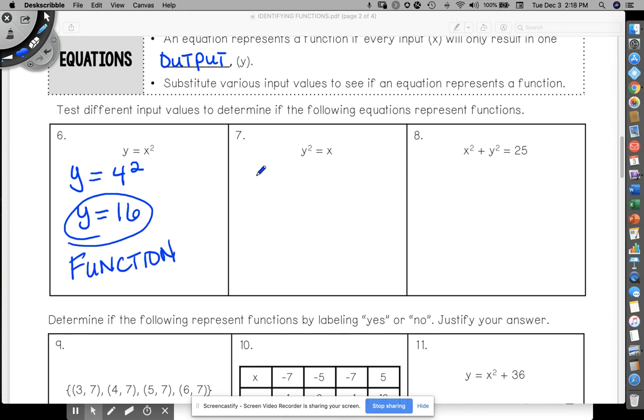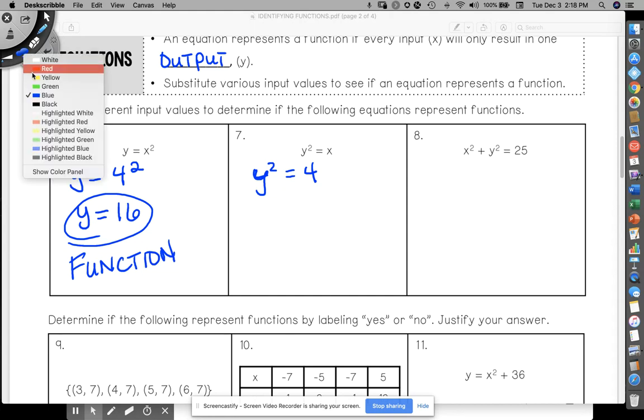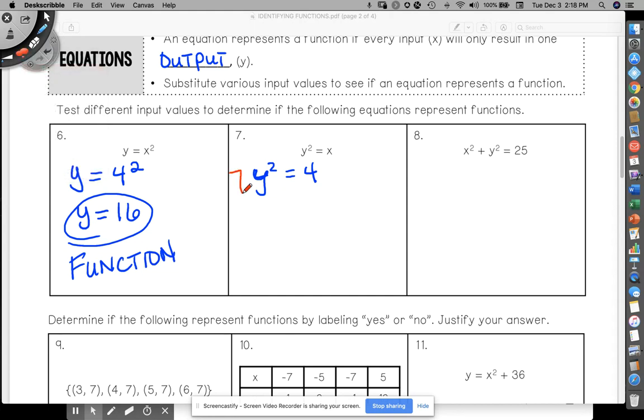Now let's look here. If I use that 4 again, let's say I have y squared equals 4. Well, to get rid of a square, I need to take the square root. So I'm going to square root both of these values.